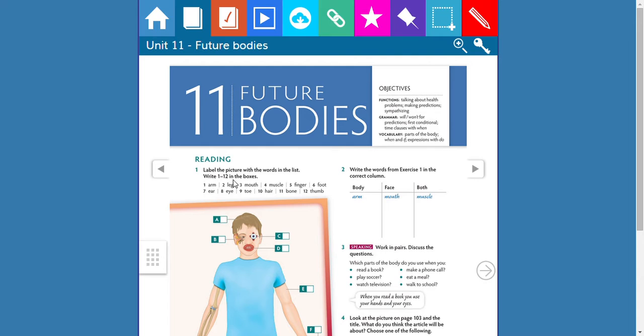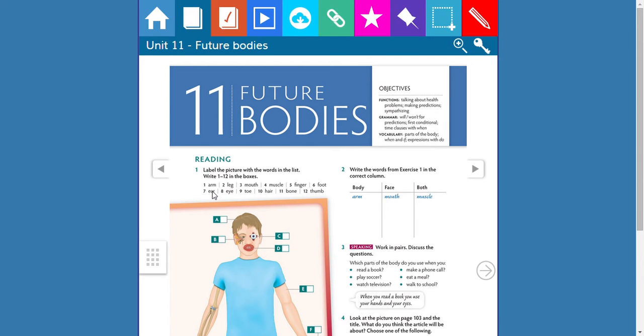Write 1 to 12 in the boxes. No, we have here 1, 2, 3, 4 until 12. No, with some vocabulary like arm, leg, mouth, muscle, finger, foot, ear, eye, toe, hair, bone, thumb. Okay? Now listen and repeat.